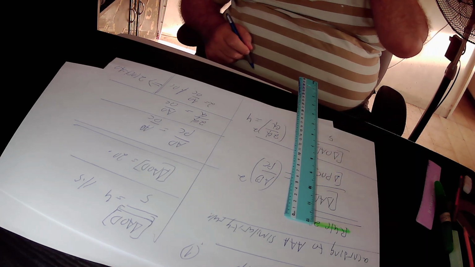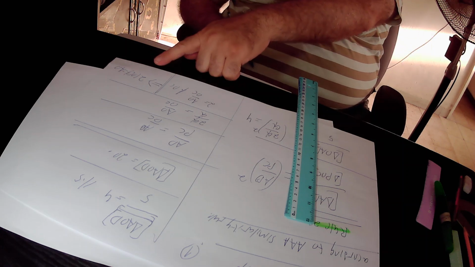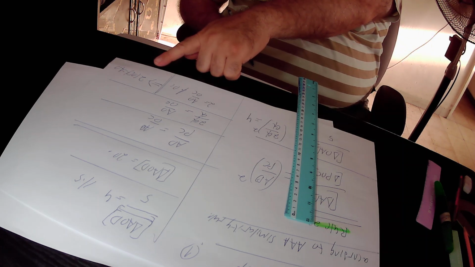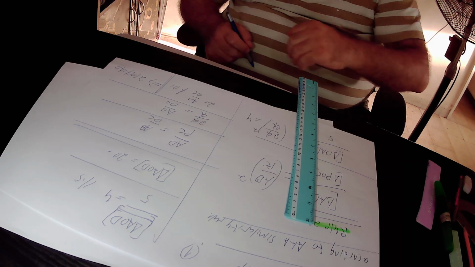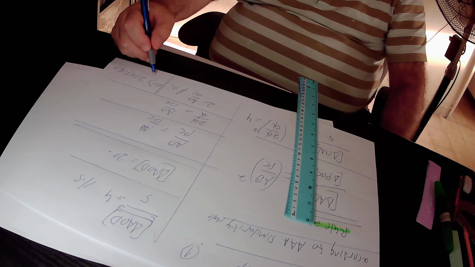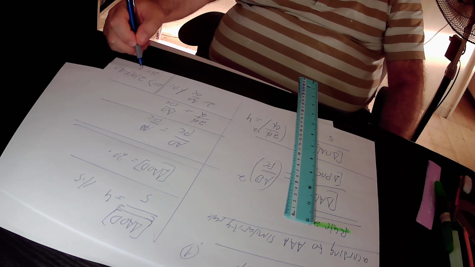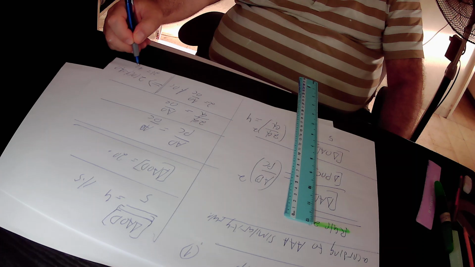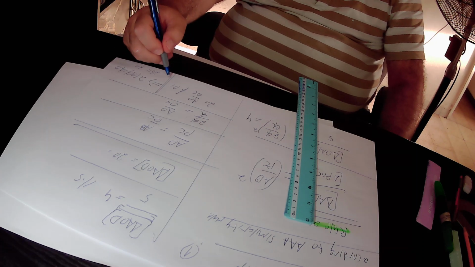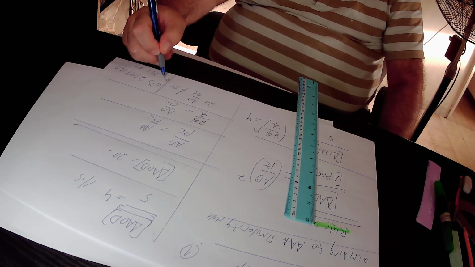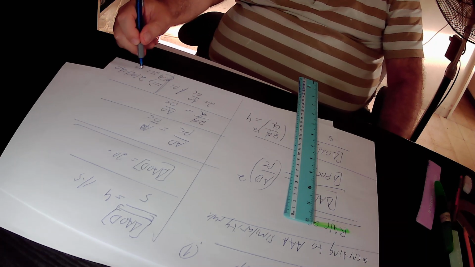So if we define the length of side OC as B, we can substitute OC by B, and we get that 2B equals AO. So if OC equals B, then AO equals 2B.